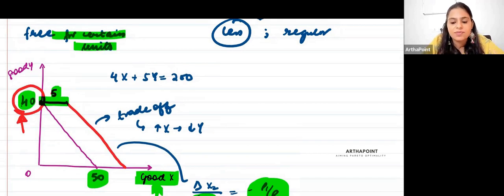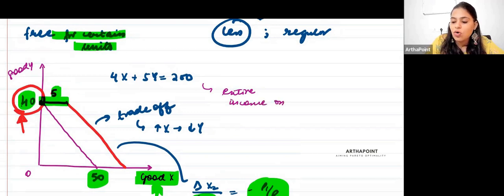In that case, if you spend your entire income on good X, how many X will you consume? Entire income on good X would have meant that Y was 0.